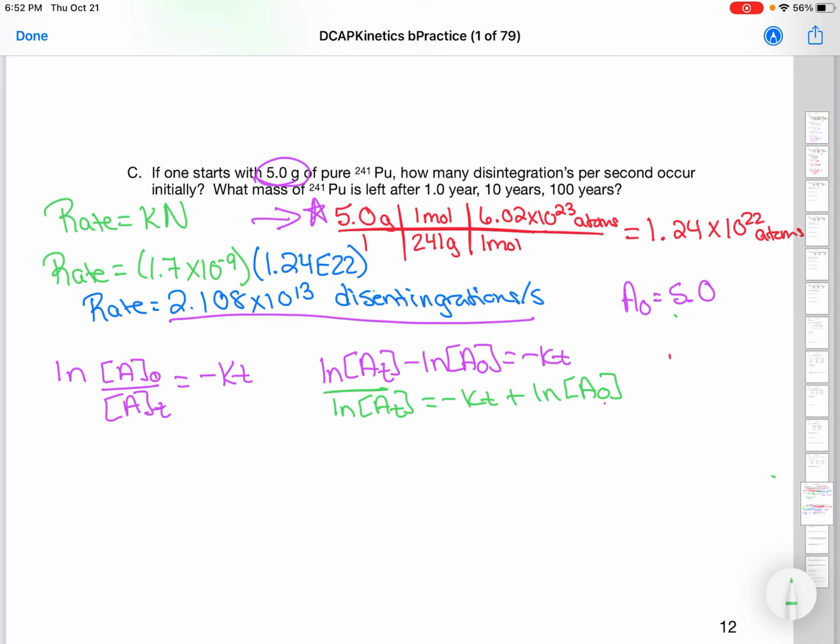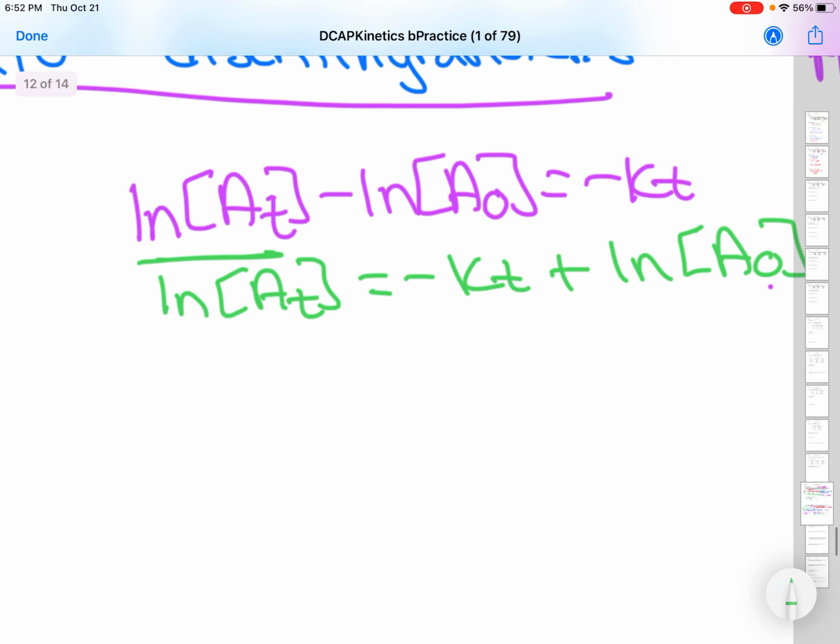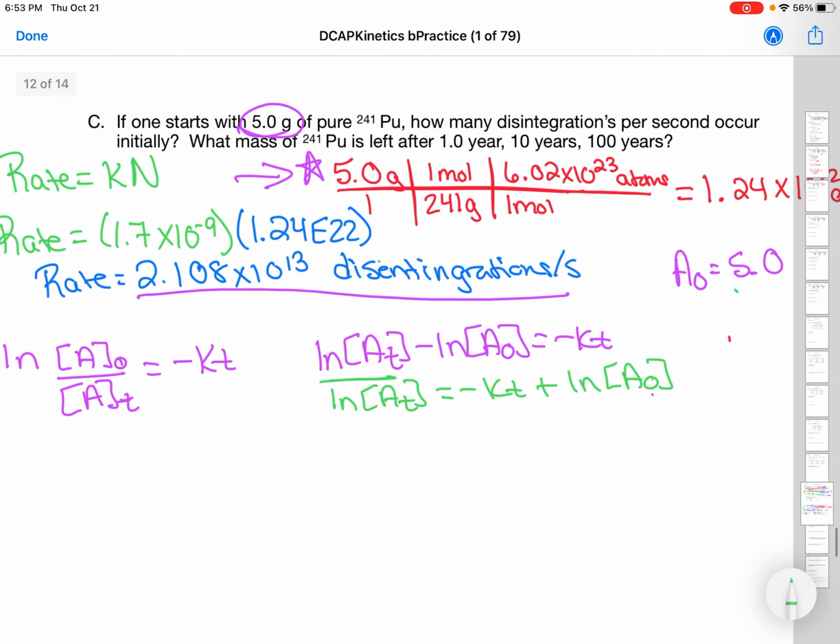Okay. Now that we have that, let's just put in our numbers and solve. I think you're going to see where we're going with this, with it in this form. So I'm going to solve for the very first one, A T, and this is going to be my 1 year. Remember I mentioned that the K, you could go ahead and leave it in year negative 1 because you're going to need it at the bottom.